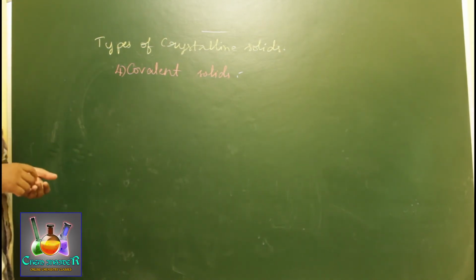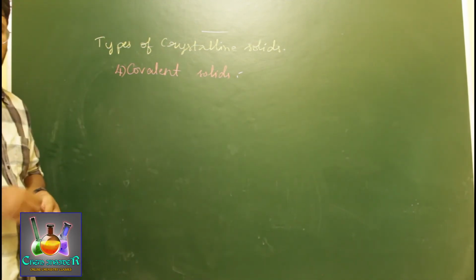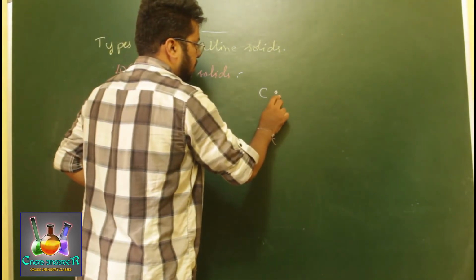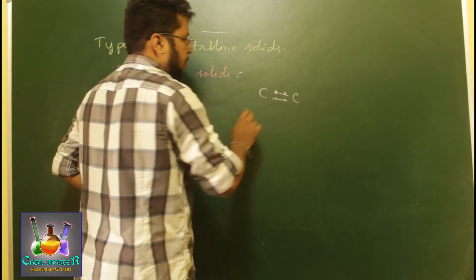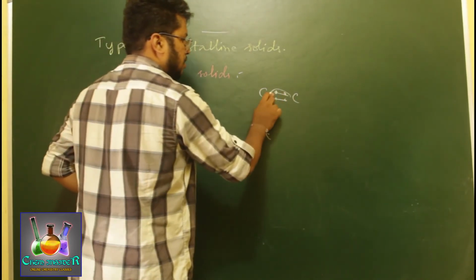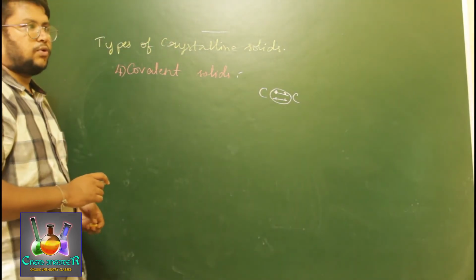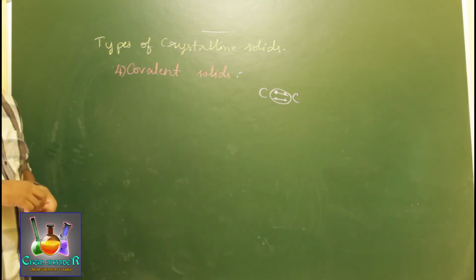That is, a molecule formed by mutual sharing of electrons. So, if this is a double bond between two carbon atoms, the electrons are mutually shared by the two non-metals, which results in a very strong bond.